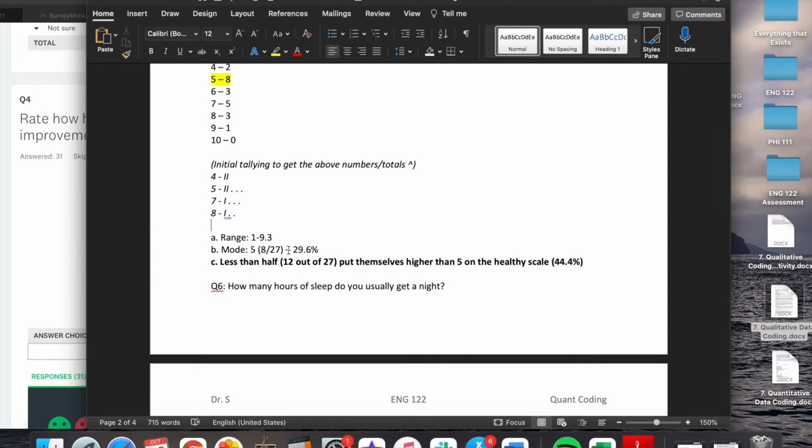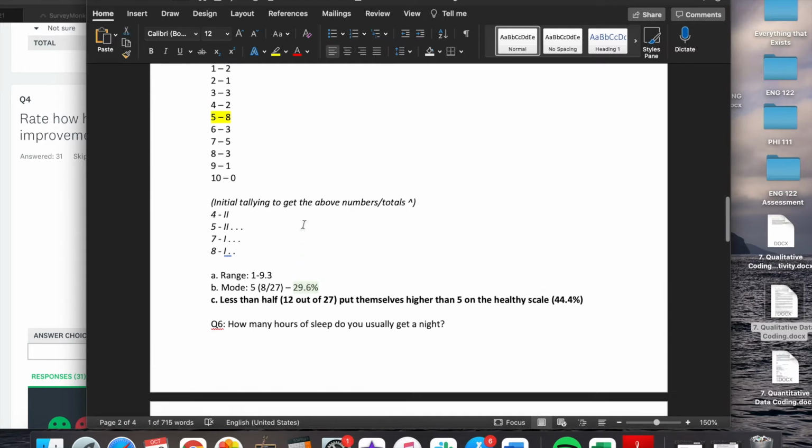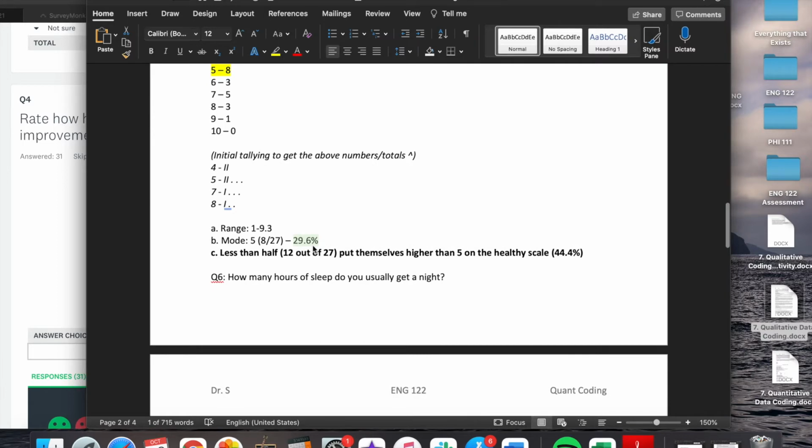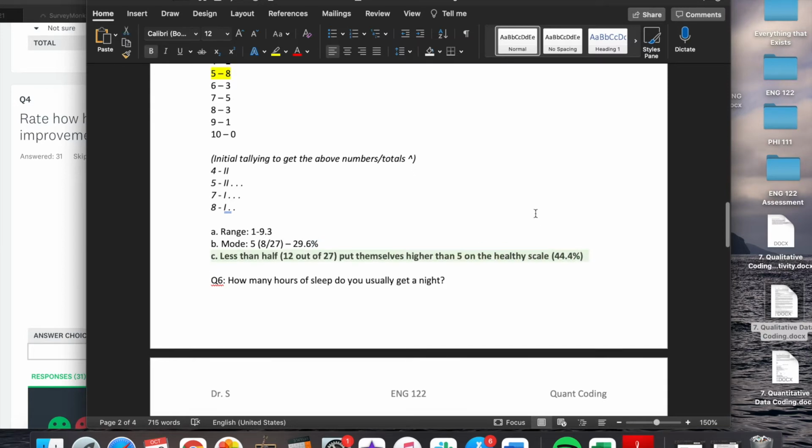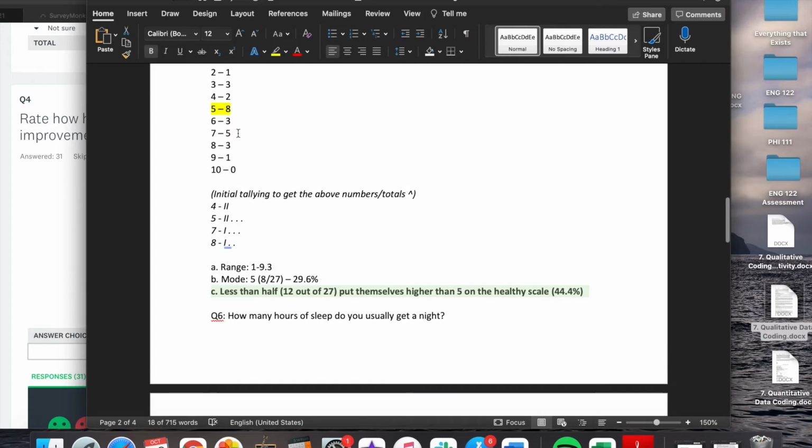Then you divide 8 into 27 was what I had, the number that I had, because maybe one person didn't answer the question. So it's 29.6. And I just made this calculation that can help me out. I counted all of the ones that were higher than 5. So 12 out of 27, so less than half, put themselves higher than 5.